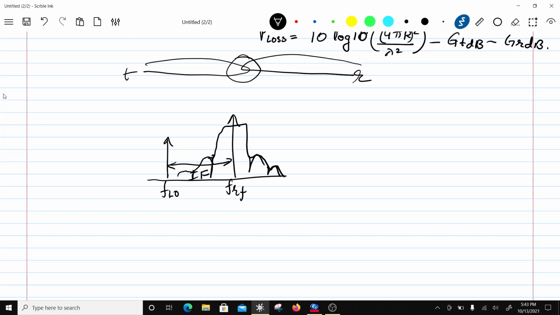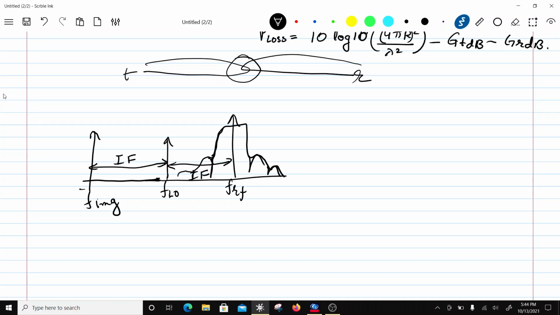So I put on a filter like this here, right? So now what's going to happen is at the output, I'm going to get sum and difference frequencies, right? So on the left side, which is the distance of again IF, I have an image frequency, IF image, right? So this is an image frequency here.